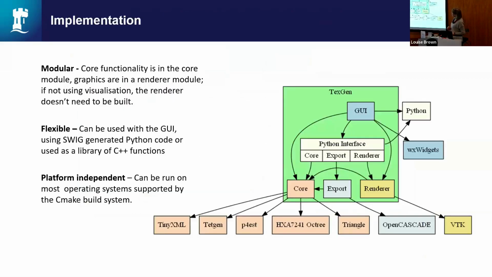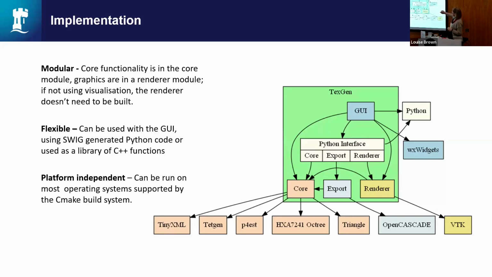So just a bit about the implementation. The core is basically written in C++, as is the export and the renderer, and then you use SWIG to do a Python wrapper so that you can interact with all of the functions via Python.